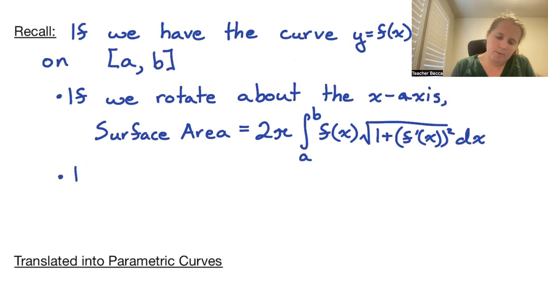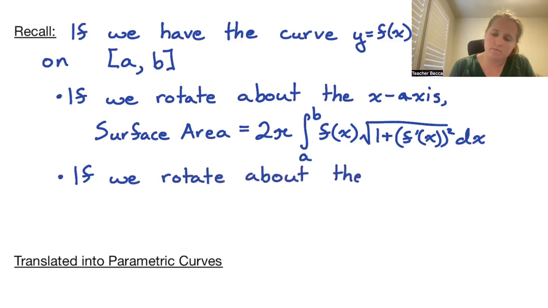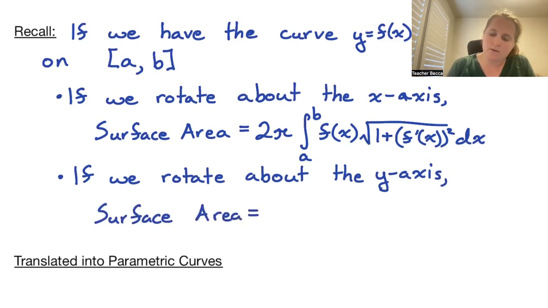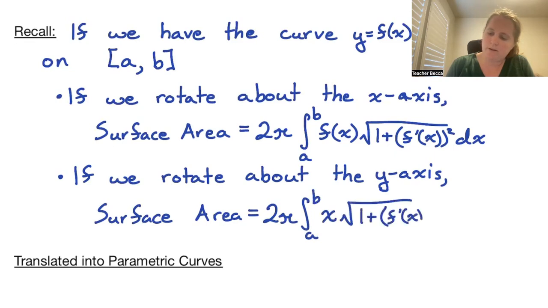And if we rotate about the y-axis, surface area is 2 pi times the definite integral from a to b of x times the square root of 1 plus f prime of x squared dx.